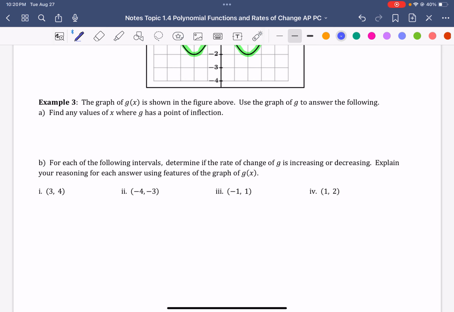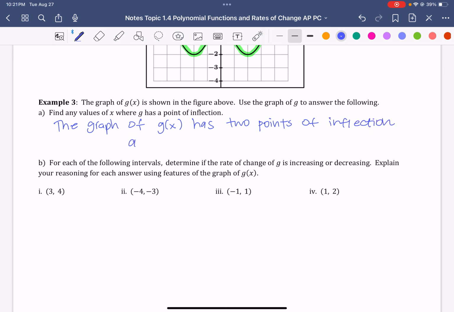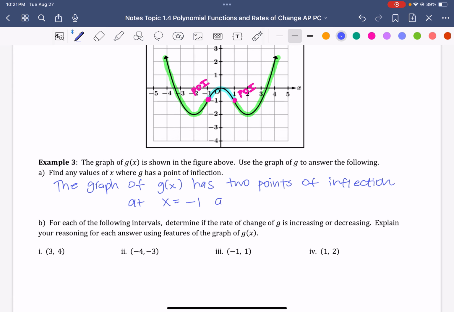We already found that, so we'll say the graph of g of x has 2 points of inflection at x equals -1 and x equals +1.